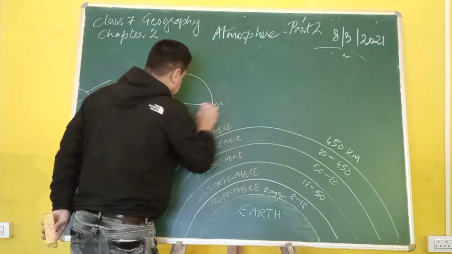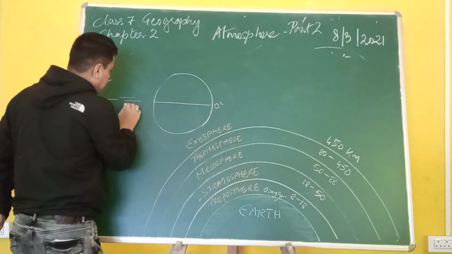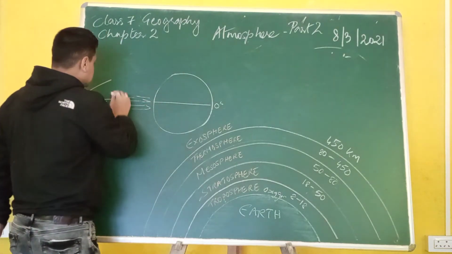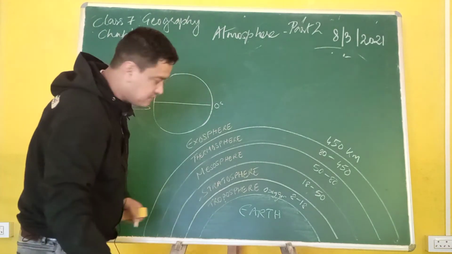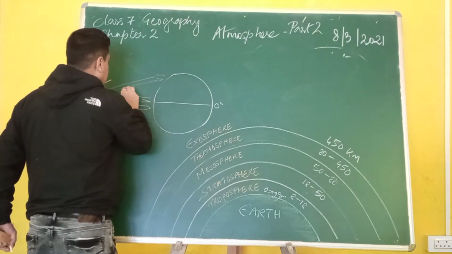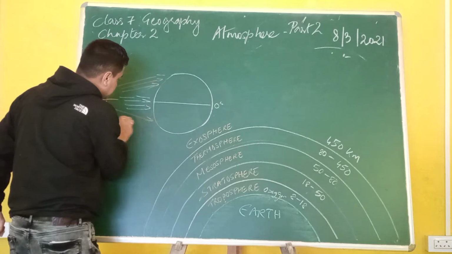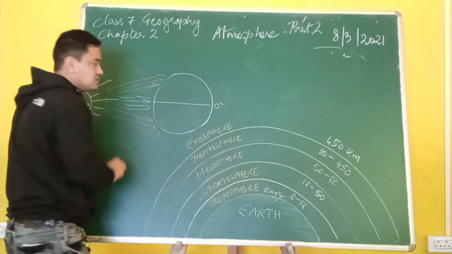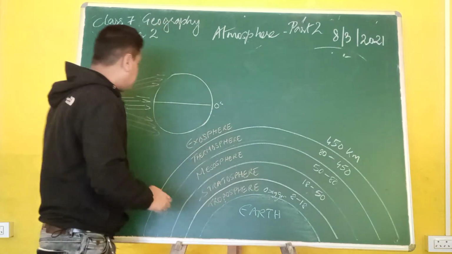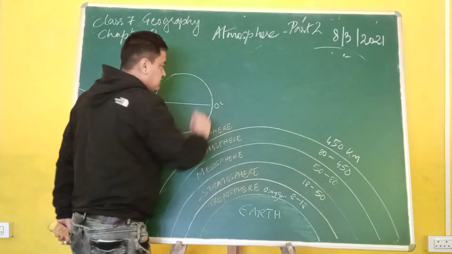So this is 0 degree. The direct rays of the sun are received at the equator, but the slanting rays of the sun are focused on the Tropic of Cancer, Arctic Circle, Antarctic Circle, or Tropic of Capricorn. So you can see this area receives direct rays of the sun.